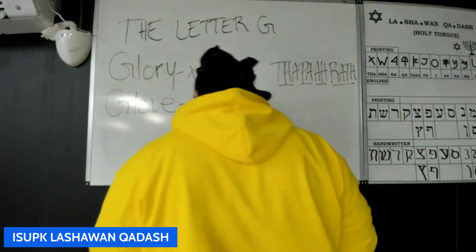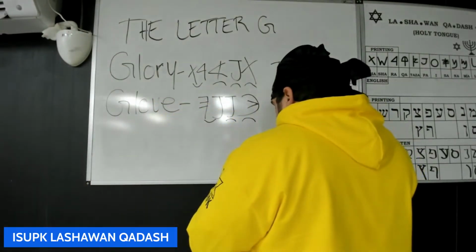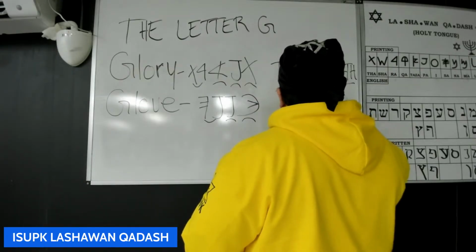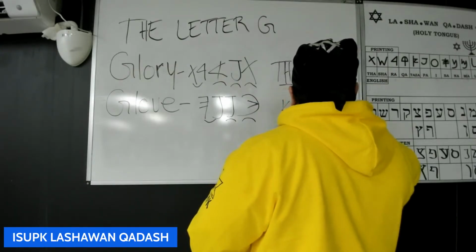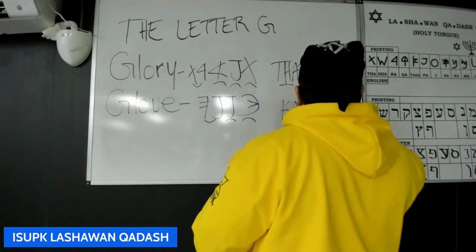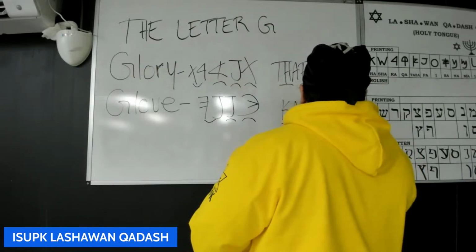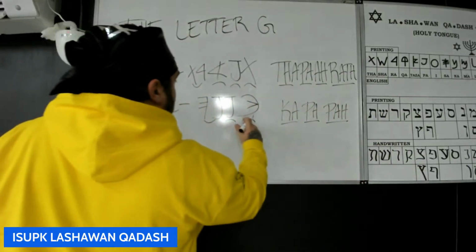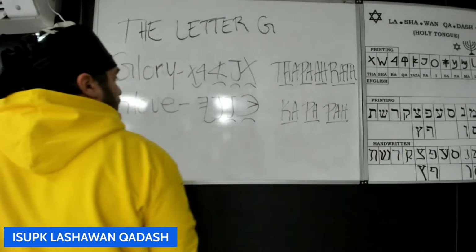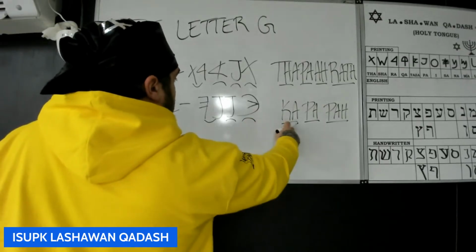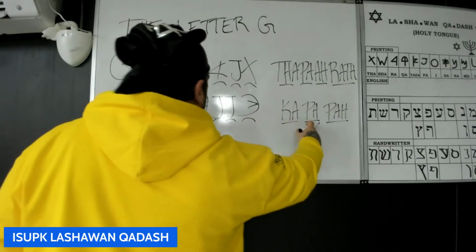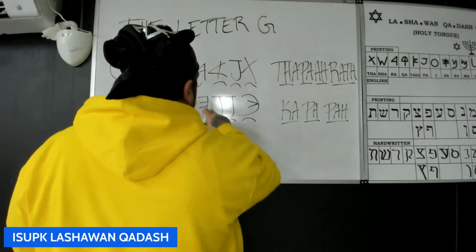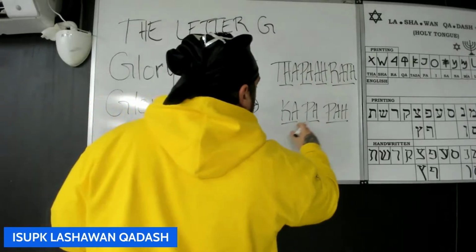That's Ka-Pa-Pa. Glove in ancient is ka, pa, pa. You got the K-A, and the pa, pa's right there. Then you got pa connected to the ha, so you knock off the H on ha. Ka, pa, pa.